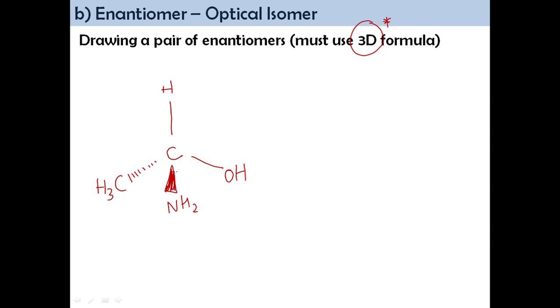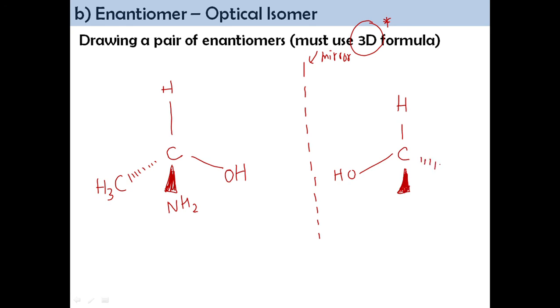Okay, one is done. And then, draw the mirror. Because it is a mirror image, you have to draw lines. And this is a mirror. So, when it is a mirror, it means there is a reflection. Okay, a reflection of this. So, the mirror image is like this. So now the OH is here because it is a reflection. Okay, the others do not change. So I think it is quite easy to draw this.